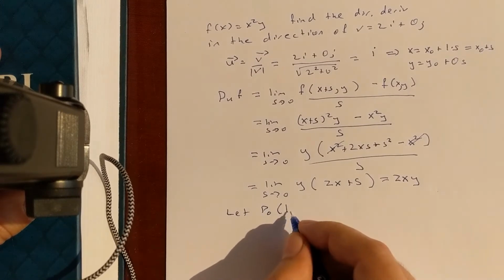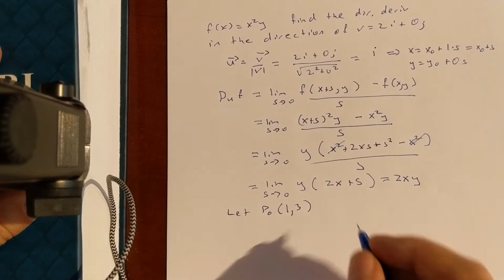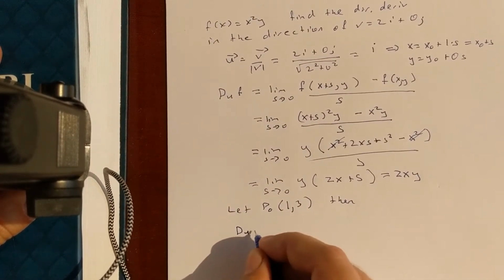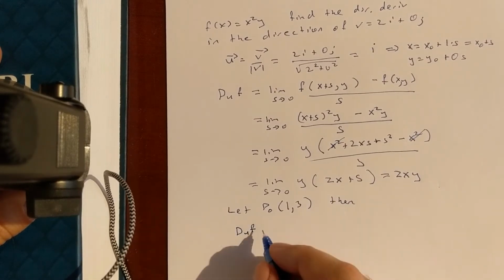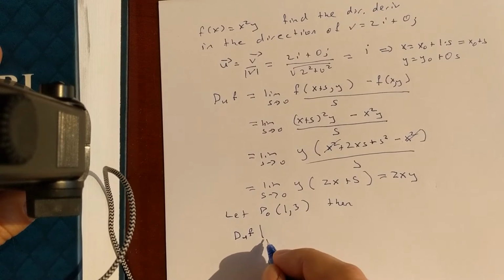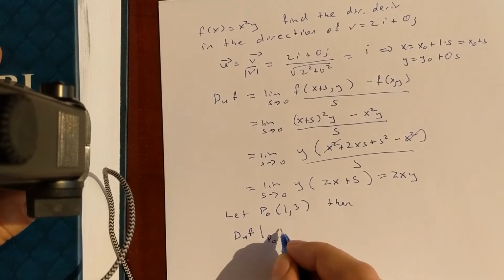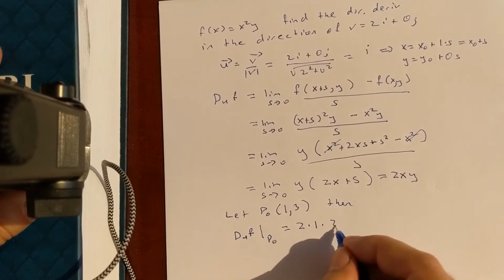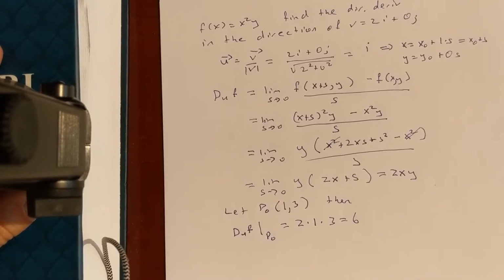Then D_u f evaluated at p naught, the point (1, 3), would just be 2 times 1 times 3, which is 6, right? Okay.